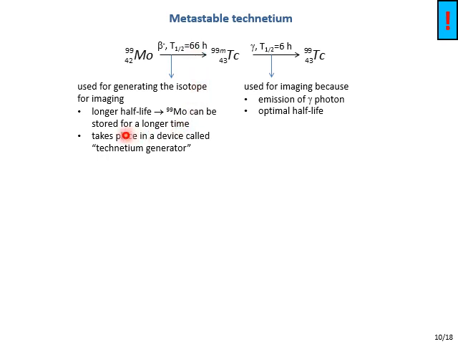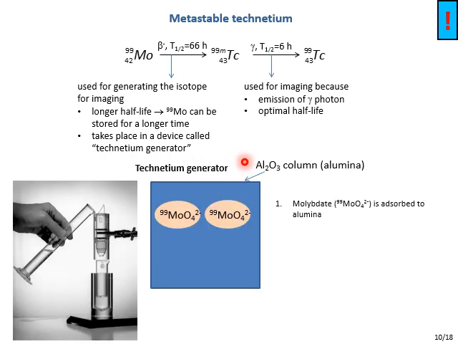And this means that the mother nucleus can be stored for a relatively long time. In this way, radioactive technetium is produced from the mother nucleus for a relatively long time in a device called a technetium generator, which is shown in the bottom of the figure.